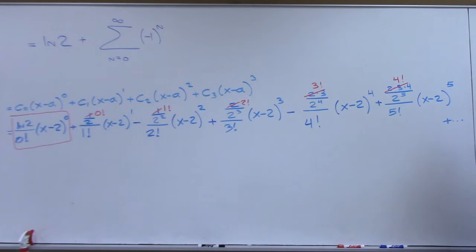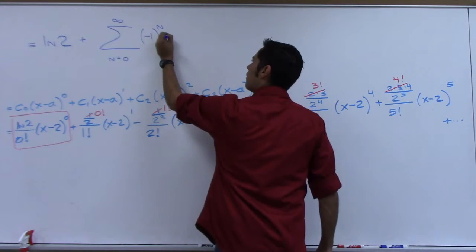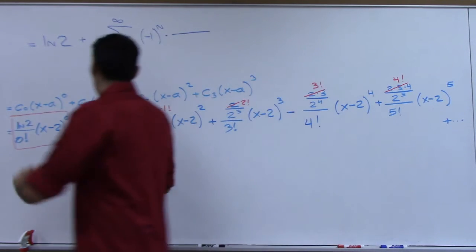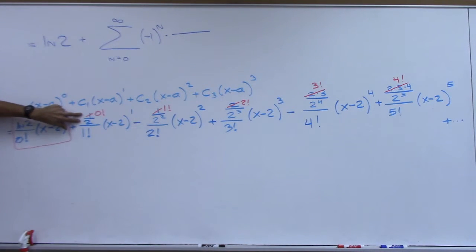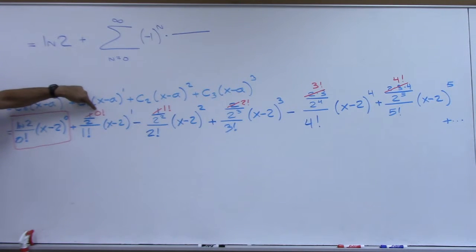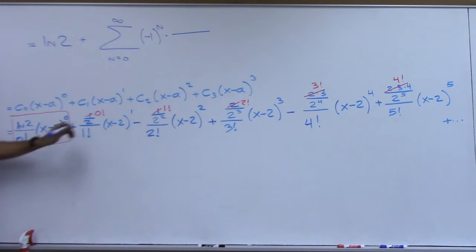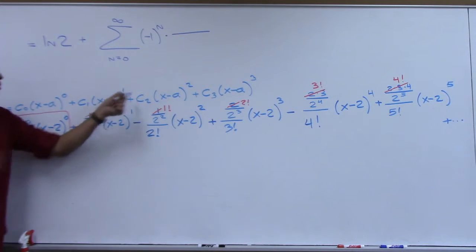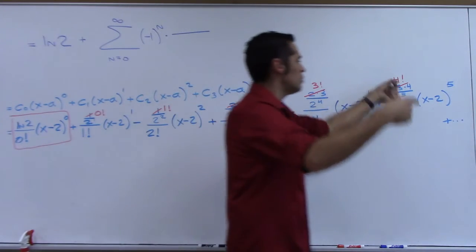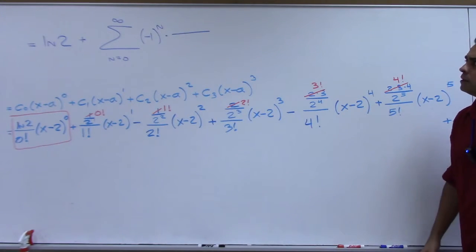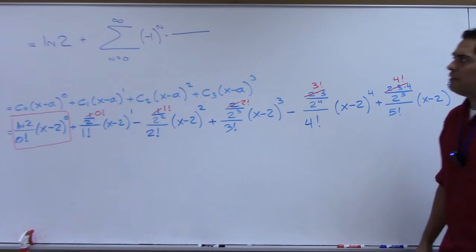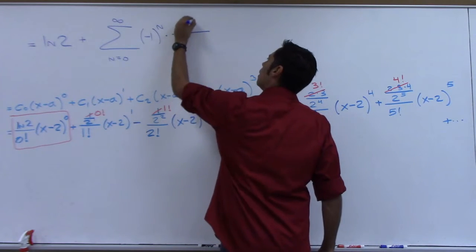Now let's start taking a look at all these pieces here. I've got a fraction on top, which is what? 0 factorial over 2 to the first power, right? So 0 factorial, 1 factorial, 2 factorial, 3 factorial, 4 factorial? Just n factorial. Right?